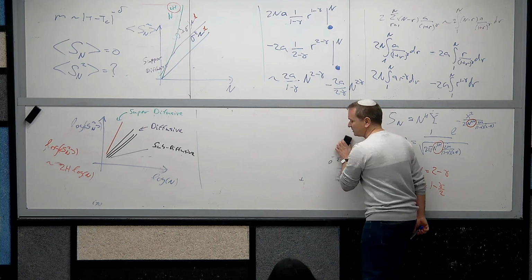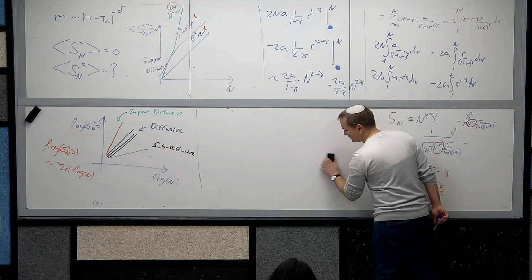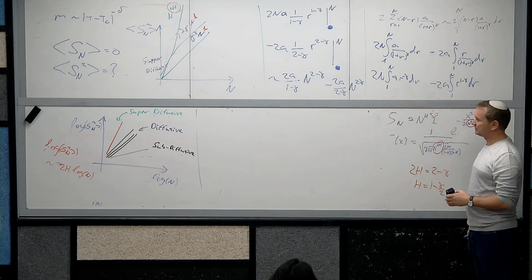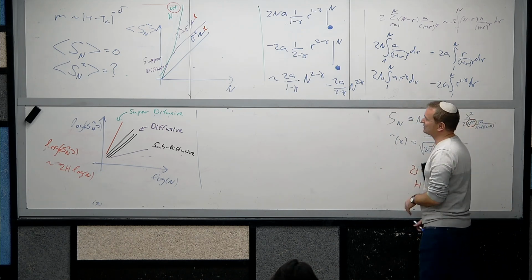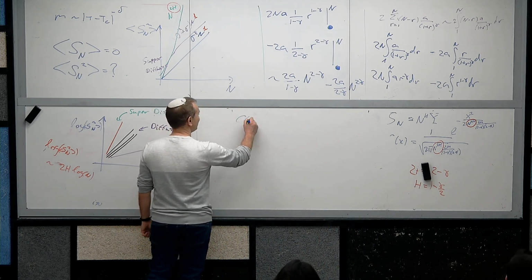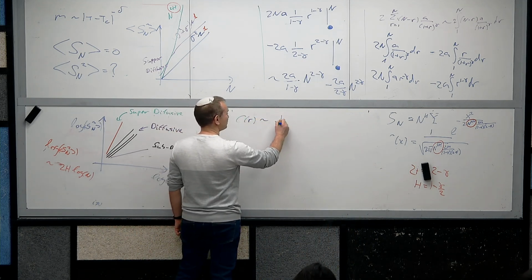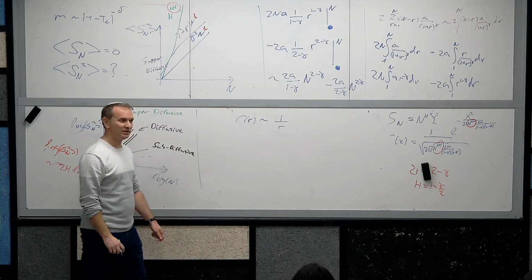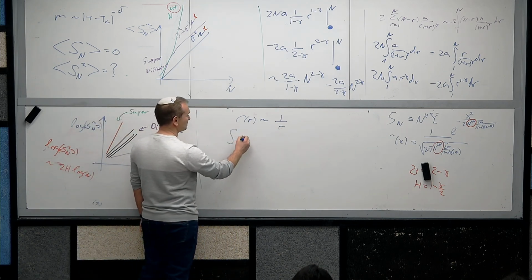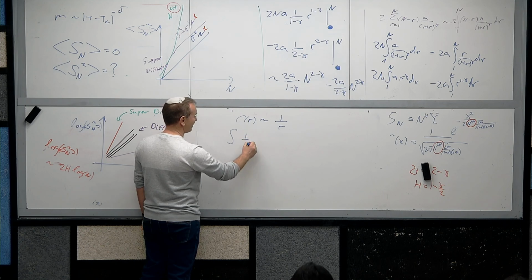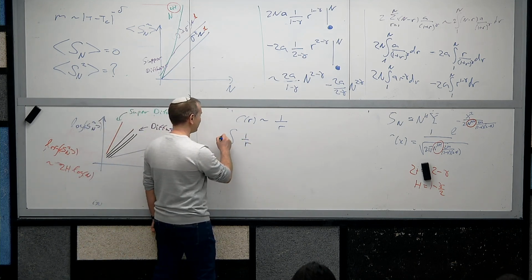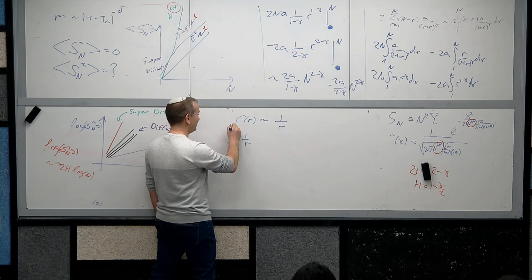Could you please repeat what you meant when you said if gamma equals 1? Okay, so there is a very specific case when C of R decays as 1 over R. Remember, I have an integral of, for example, 1 over R, from 1 to n.